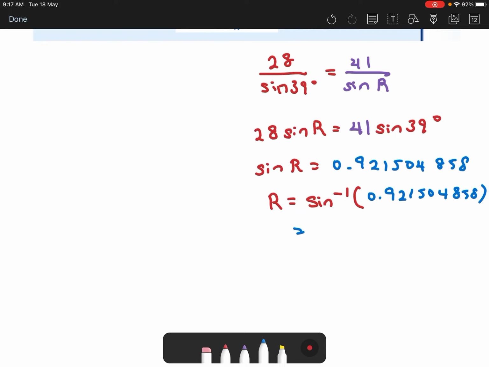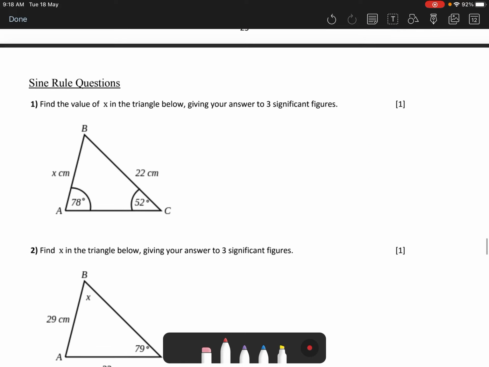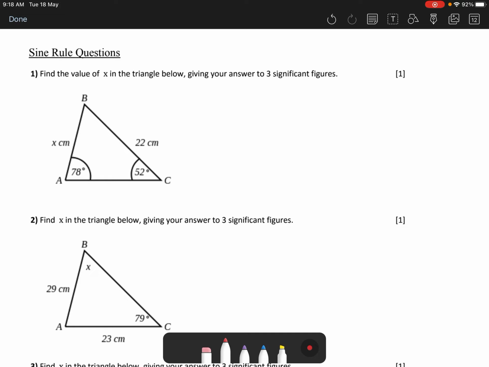You should get your angle R to be about 67.1 degree. So this is using the sine rule to calculate either your length or your angle. You can try all these sine rule questions and come back to check your answer later.